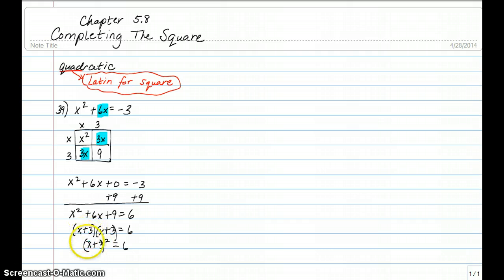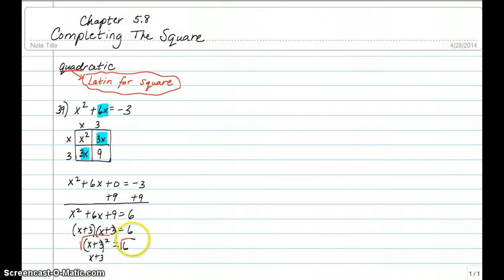Let's change colors because now I'm doing an inverse operation. I'm going to take the square root of x plus 3 squared to get just x plus 3. Whatever I do to one side, I have to do to the other side, so I'm going to take the square root of 6. And we're going to end up with x plus 3.